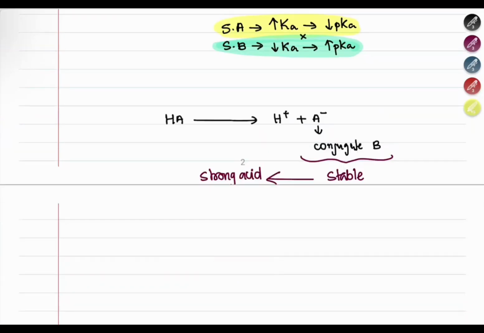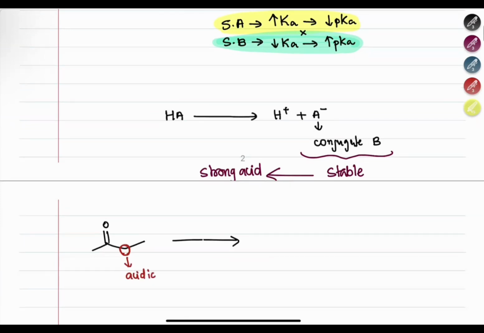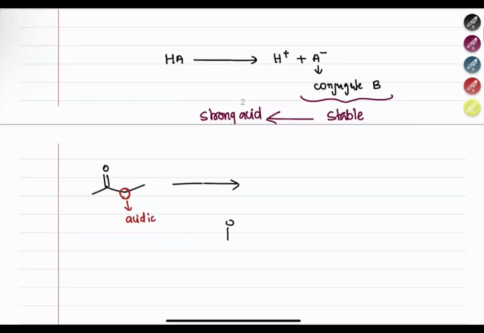And one more point is that suppose we have a ketone in our organic molecule, then the CH2 adjacent to the ketone is very acidic. Why? Suppose we have a ketone and on this carbon there are 2 CH bonds. Suppose we lose an H plus from this.